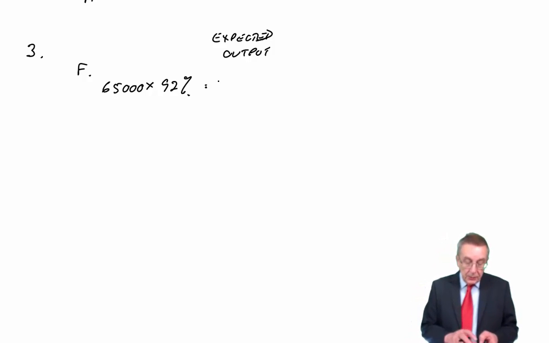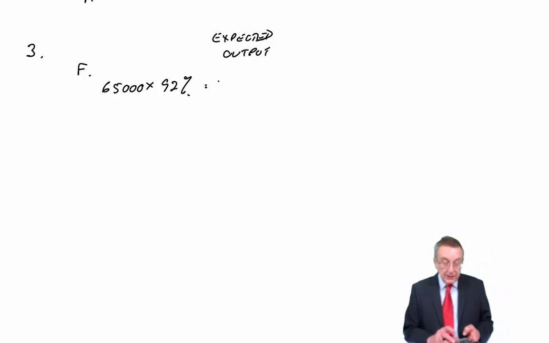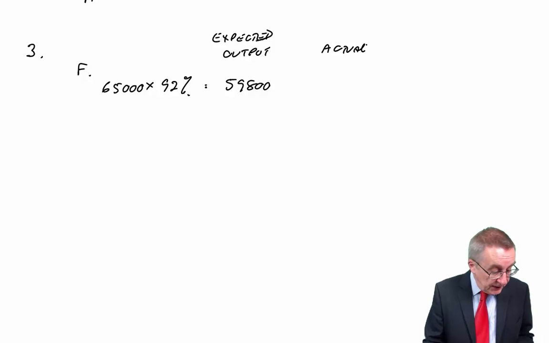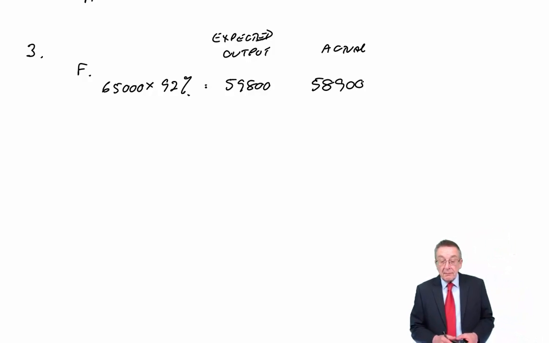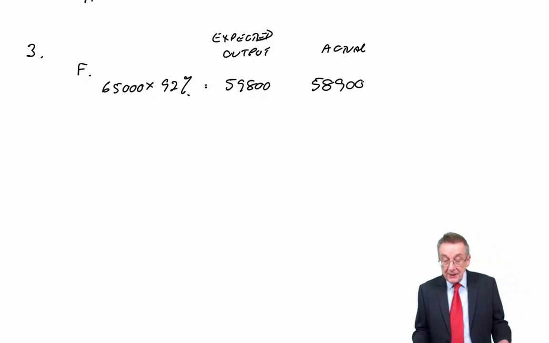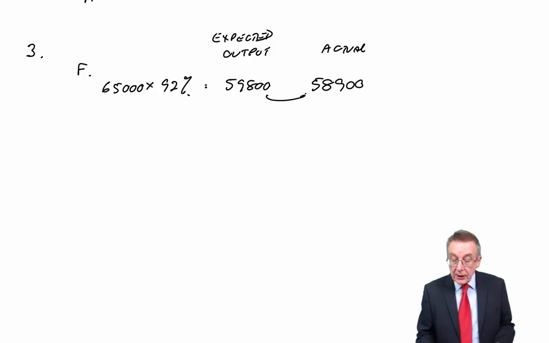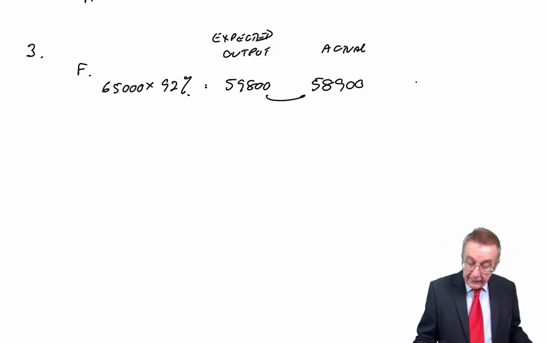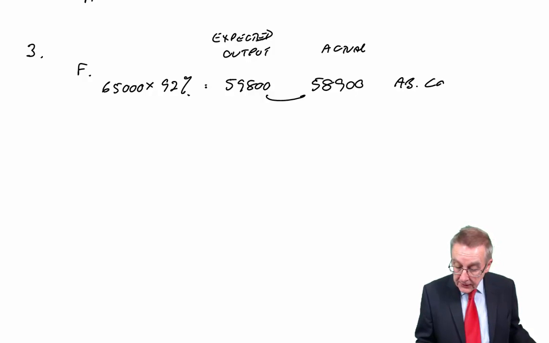So 92% of 65,000 is 59,800, whereas the actual output is 58,900. So we've lost more than we would have expected. We've got that extra loss or abnormal loss. So with F, it's an abnormal loss.